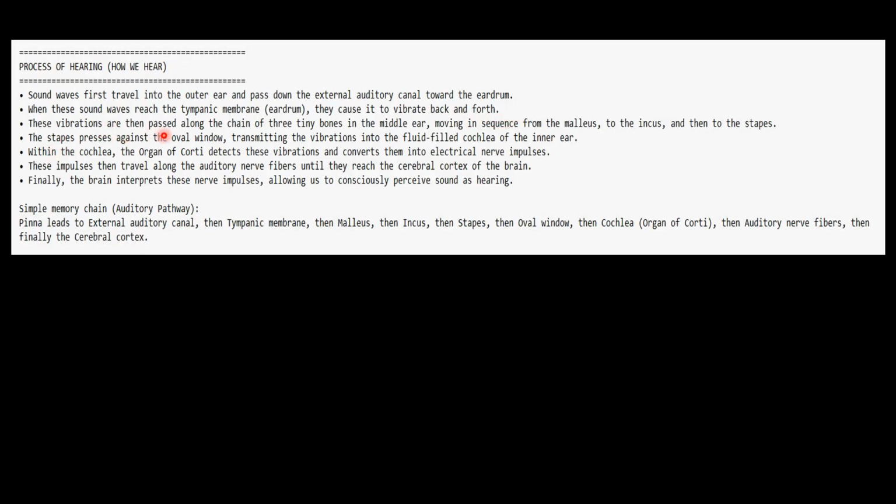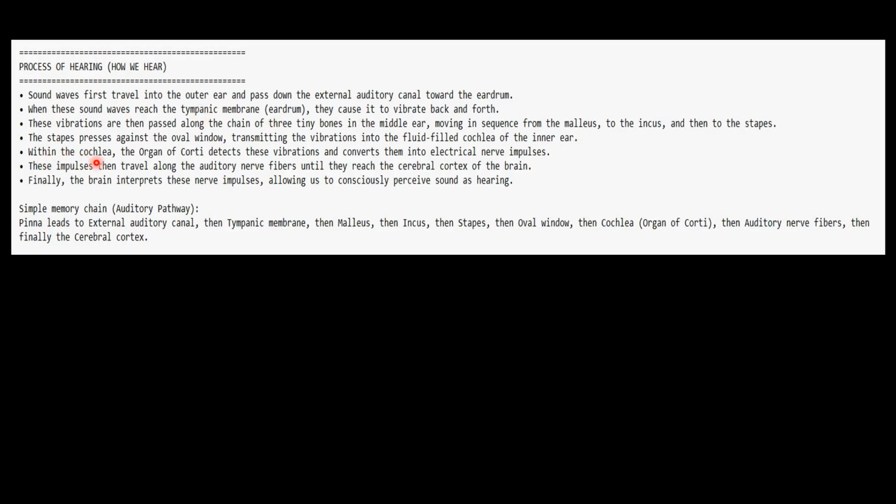After that, these vibrations are passed along the chain of three tiny bones in the middle ear, moving in sequence from the Malleus to the Incus and to the Stapes. Then the Stapes presses against the oval window, transmitting the vibration into the fluid-filled cochlea of the inner ear.